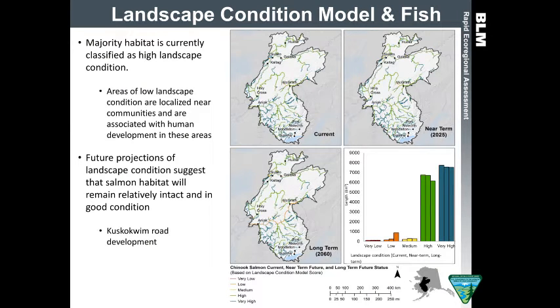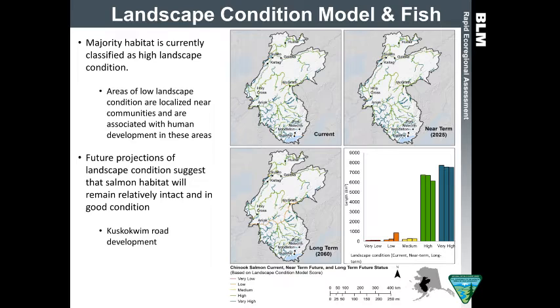And I guess I won't talk much about this landscape condition model, but just in a nutshell, Jamie talked about the landscape condition, and as he said, for most of the study area, everything was pretty highly intact. Anything in blue represents very high landscape status, and anything red or orange is low landscape status.